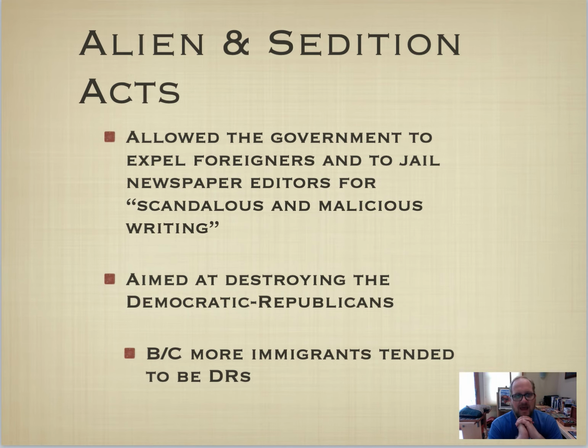Also, Adams was very worried that his Federalist Party was losing connection to the people and losing delegates and losing popularity. So he wanted to make sure that the Federalists continue to have strength. So he'll craft, along with Congress, the Alien and Sedition Acts. The Alien Act basically allowed the deportation of any foreign person outside the country.